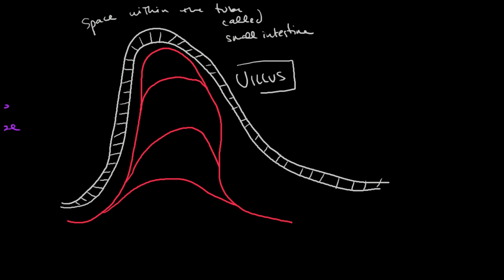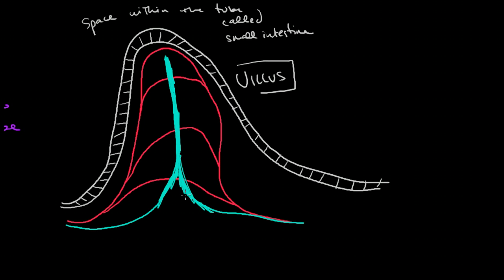But there's one exception, and that's the lacteal, which is one tube that is bigger and sits all the way in the middle of the villus. And what it does is transports lipids, because lipids are often bigger than carbohydrates and proteins. So here the blue thing is the lacteal, the red is the capillary bed.